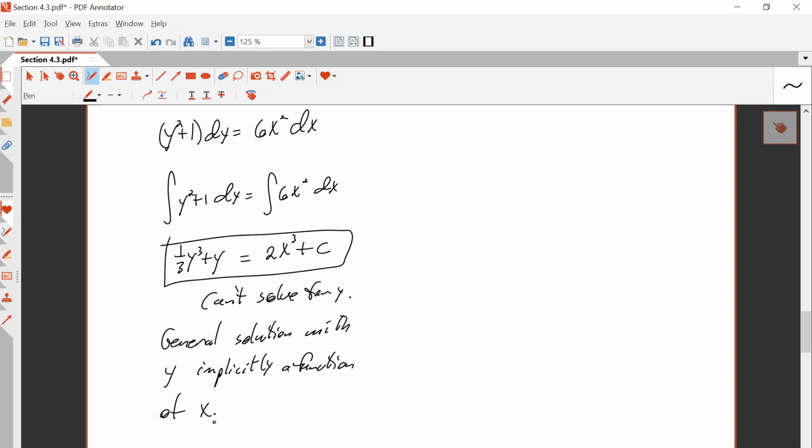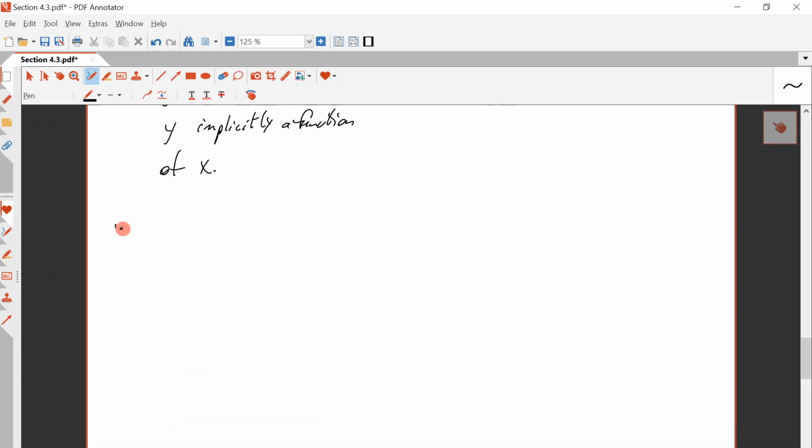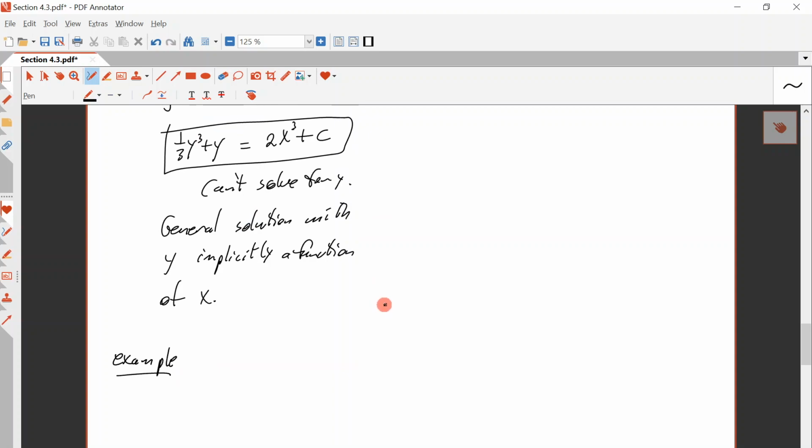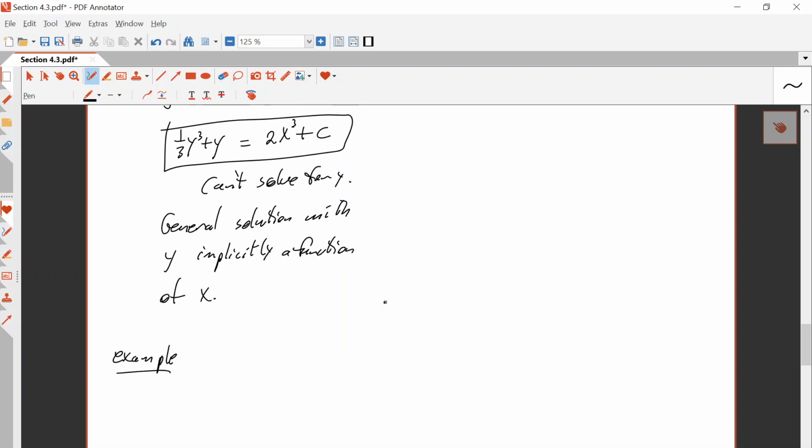So how about this now? So that's the general solution. Now, what if you're asked to find specific solutions?